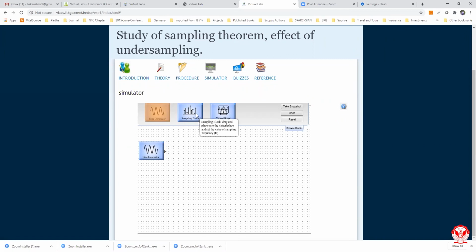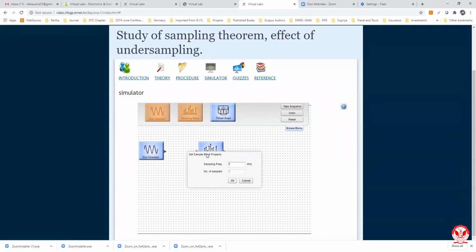Again, we now select the sampling block. This sampling block takes the samples from the sinusoidal signal and passes the samples to the virtual scope. Again, we click on this block. This is selected now. We drag it and place it in this white space. After placing it, we find the window pops up again.